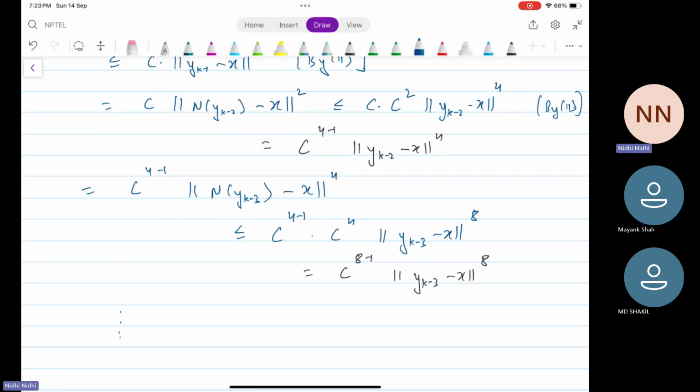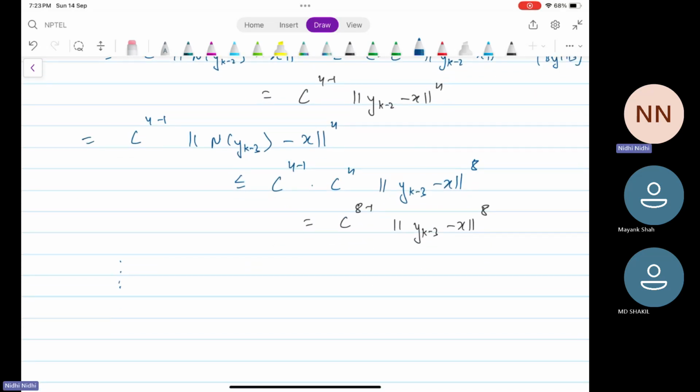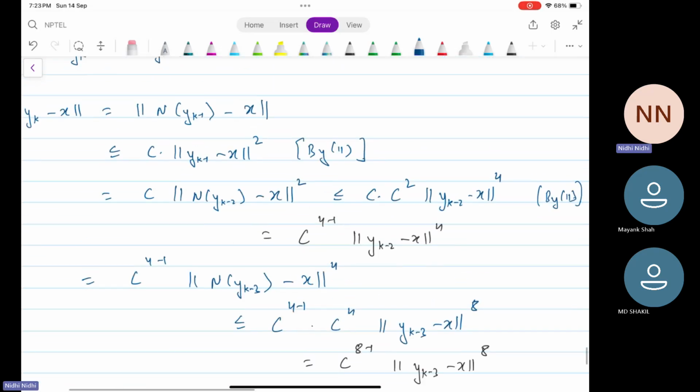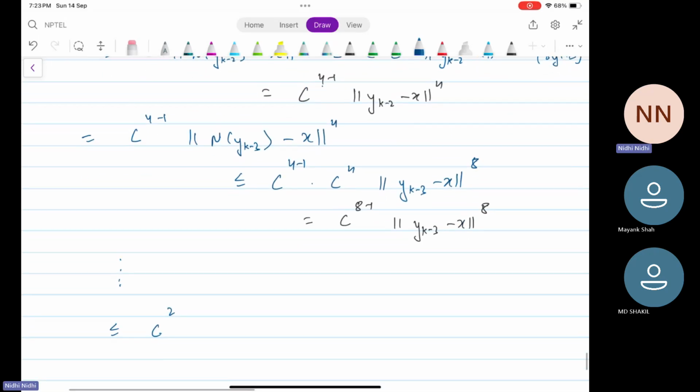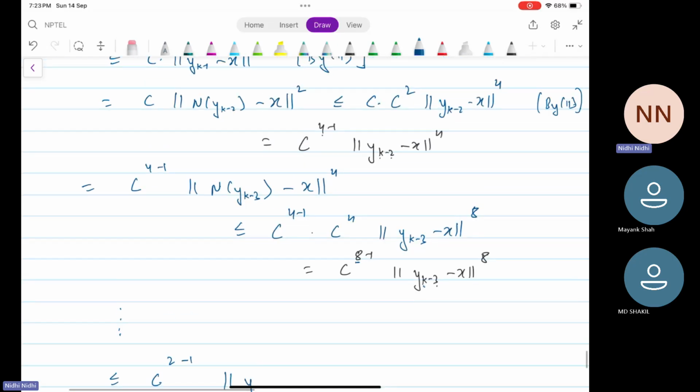And so on. You can see that this will be less than or equal to c to the power 2 to the power something minus 1, because everywhere we had 4, 8, and the next step we'll get 16. So here you can see that when we had k minus 3, we had 2 to the power 3. When we had k minus 2, the power of c was 2 to the power 2 minus 1.